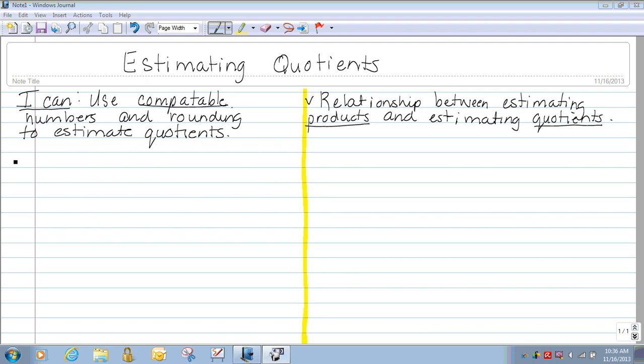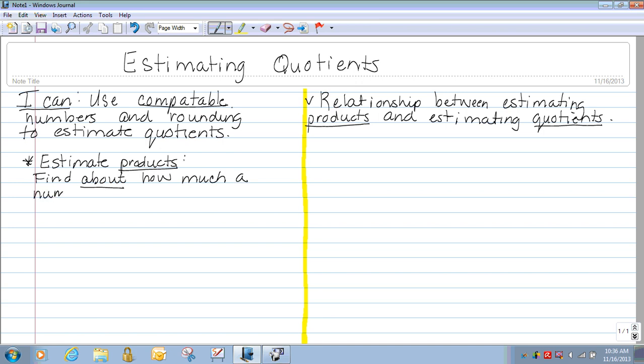When we estimate products, we want to find about how many a number of equal groups total to.